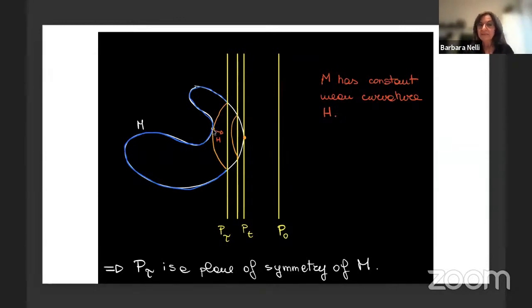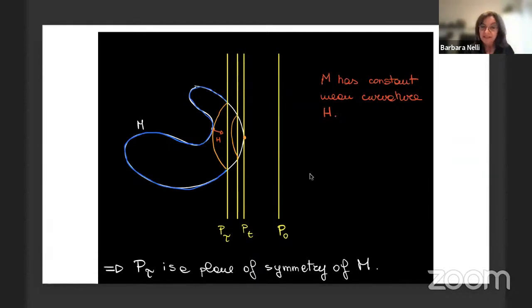At this point, by the maximum principle, because both have constant mean curvature H, the mean curvature vector points on the same side. So by the maximum principle, this orange surface and this left-hand side surface must coincide. So this means that P tau is a plane of symmetry of M. I'm simplifying a little bit, but it's true.